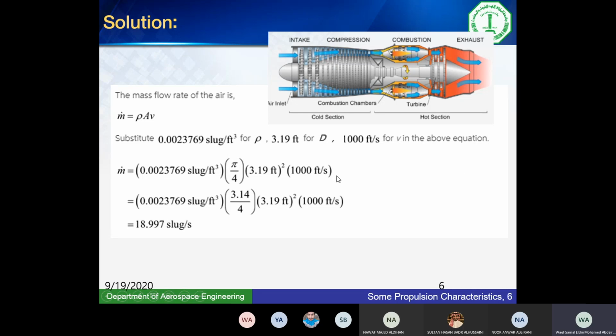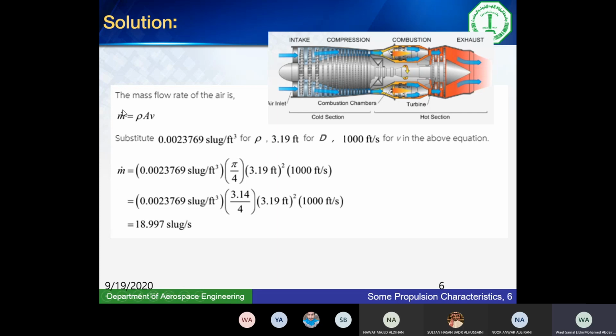If you crunch the numbers, m dot will turn out to be almost 19 slugs per second. Every second, 19 slugs of air will go through that compressor and through that nozzle. That's a considerable amount. I will leave it to you to convert it to kilograms per second.